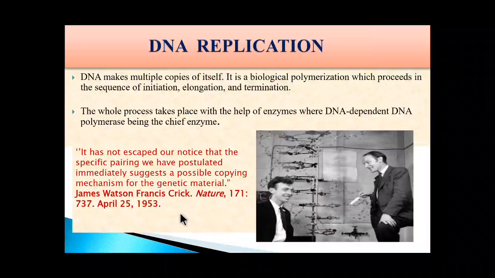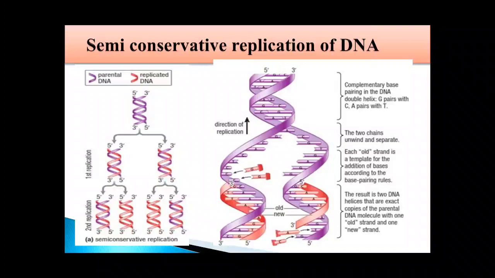So we will see what is the semi-conservative replication of DNA. Semi-conservative replication of DNA means that one half of the parent structure passes into each replica while the second half is built anew. Watson and Crick suggested that the two strands of the DNA molecule uncoil and separate, and each strand serves as a template for the synthesis of a new complementary strand alongside.